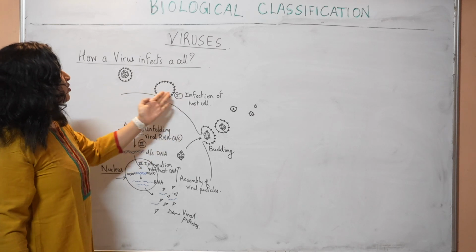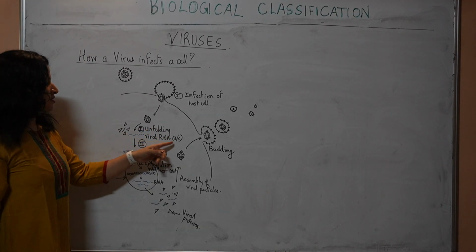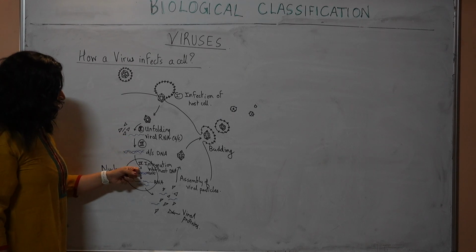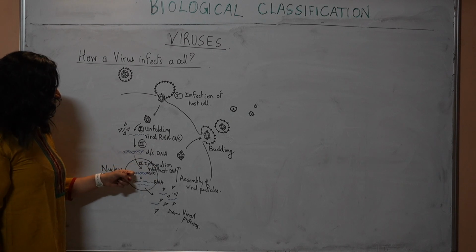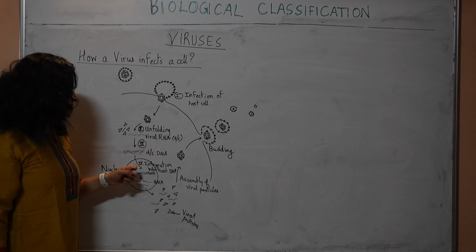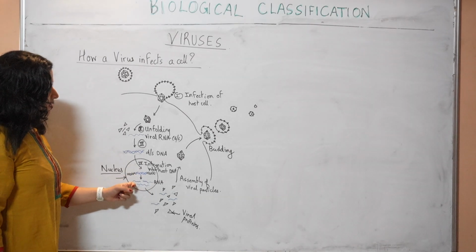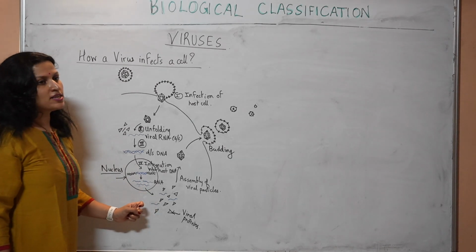There is an infection of the host cell. There is an unfolding of the nucleic acid. Viral RNA is exposed. From viral RNA, it will produce double-stranded DNA which will go inside a nucleus and integrate itself into the host cell DNA. Once the viral DNA is integrated into the host DNA, it can produce multiple copies of RNA strand, and once these RNA strands are produced, they will emerge into the cytoplasm for translation purposes.